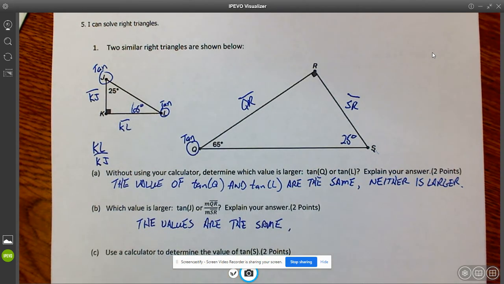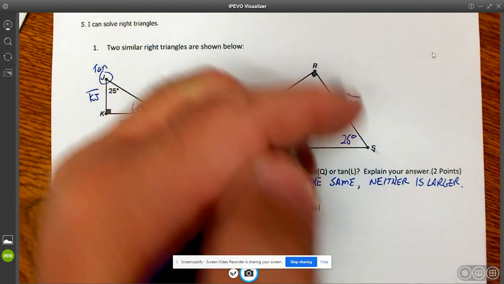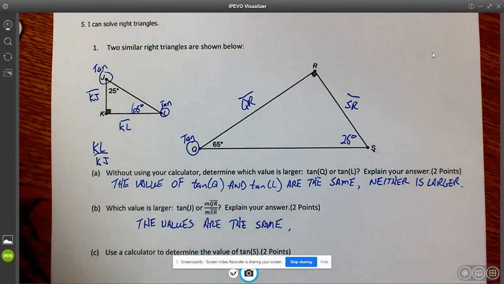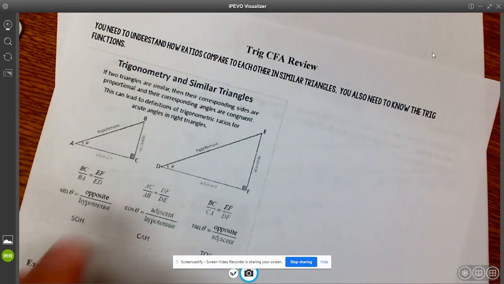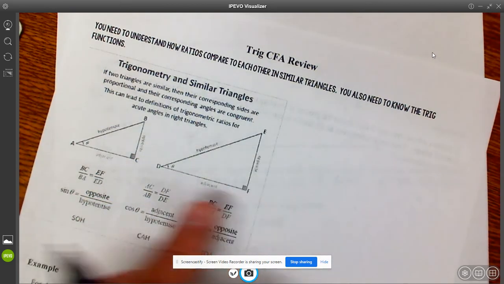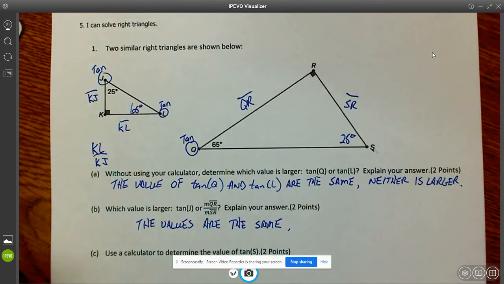Neither one's larger. So I don't need measurements to determine that. I don't need to know how long each one is. The ratios are always going to be the same when we're comparing the same thing on each one.